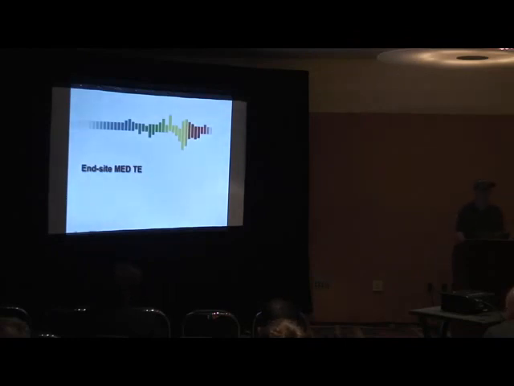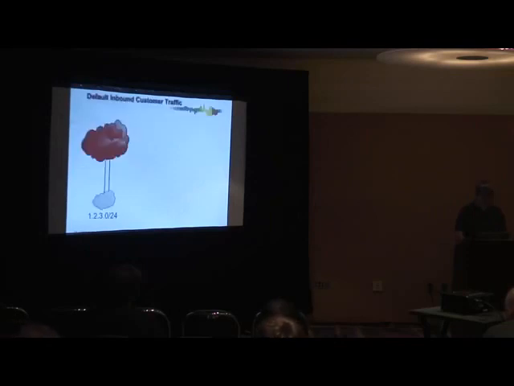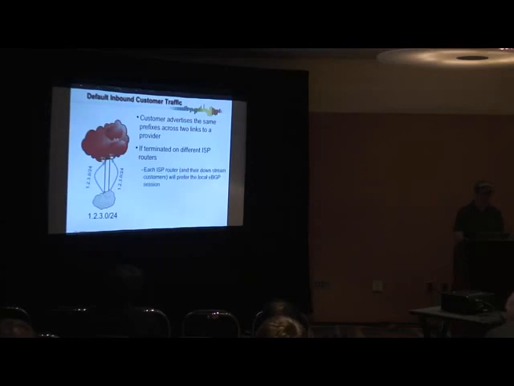So moving on from AS path to MED. In this case, we've got a customer who's got multiple connections to the same provider, and he advertises the same /24 across both of the links. If they're terminated on two different ISP routers, then each ISP router is going to use itself as its preferred path for itself and all directly connected customers.